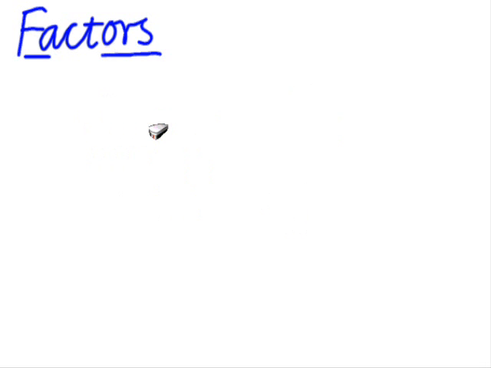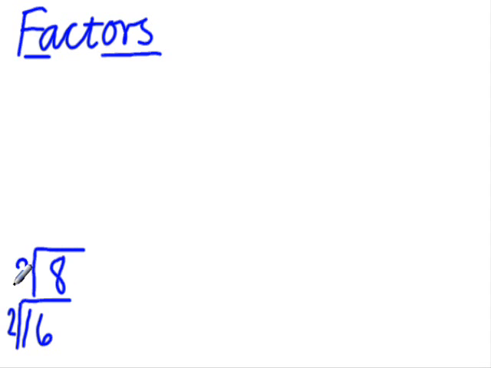Let's look at 16. Well, 2 is a factor of 16. 2 goes into 16 8 times. 2 will also divide evenly into 8. 2 goes into 8 4 times.